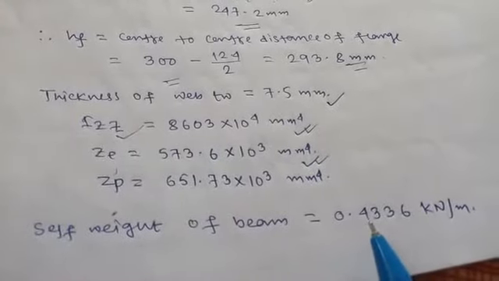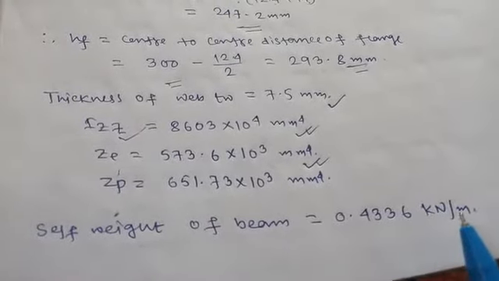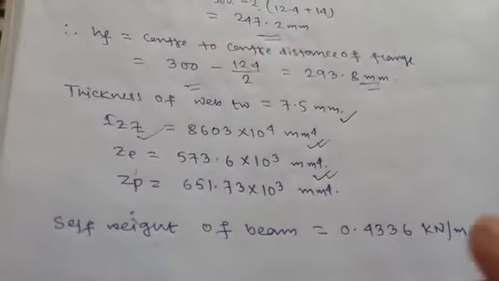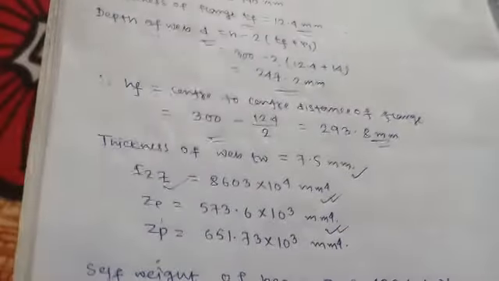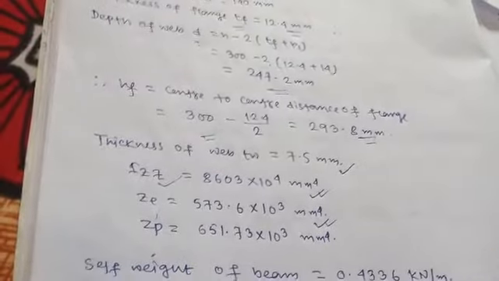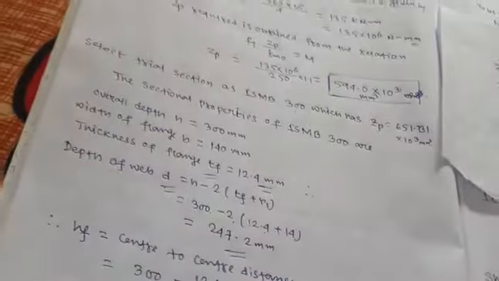So the self weight of the beam is 0.4336 kilonewton per meter. Those are the given properties of our section ISMB 300, Indian Standard Medium Beam 300.